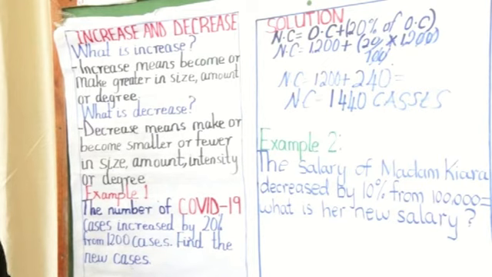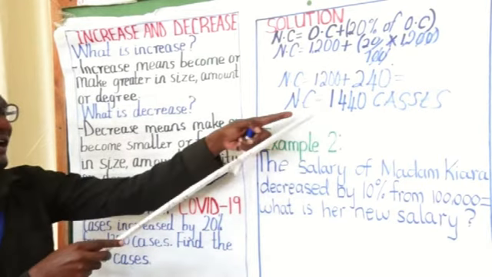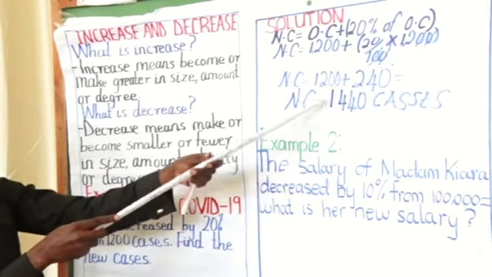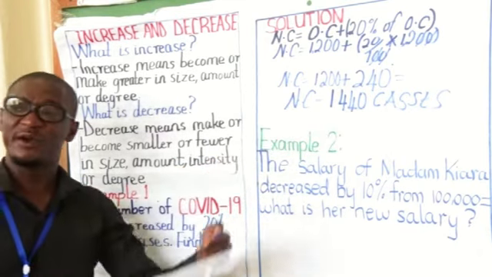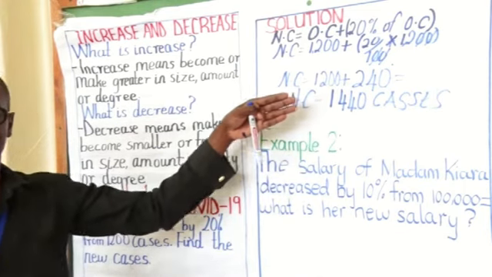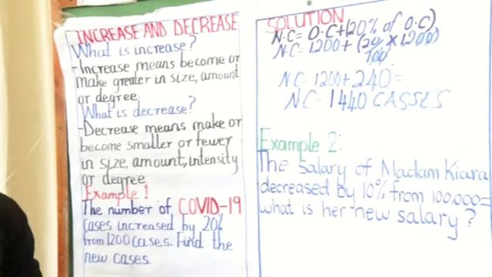Now, you can see the cases were increased from 1,200 up to 1,440. And that's what I've said, an increase. This is what you call increase. This is example number 1.